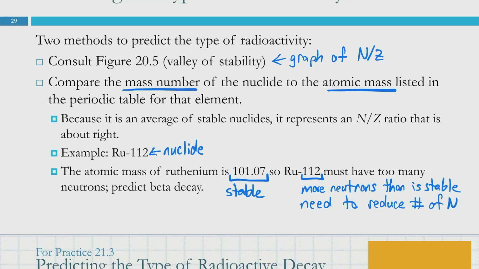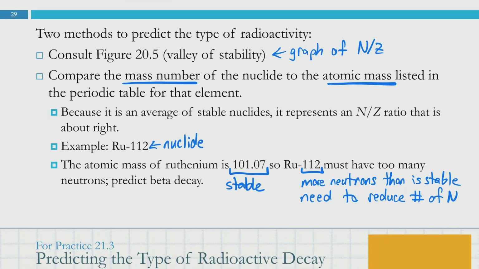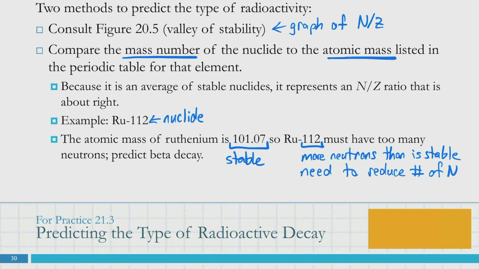More likely, we'll be using this lower method on an exam, if I had to guess. I shouldn't have to guess, but I am. You should also know how the band of stability works. They're the same idea, it's just that one presents it graphically.